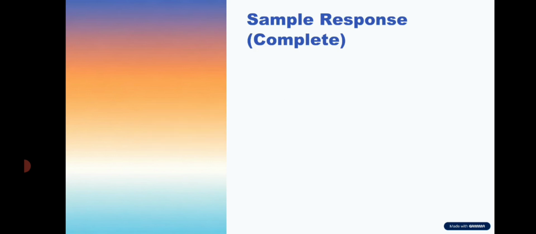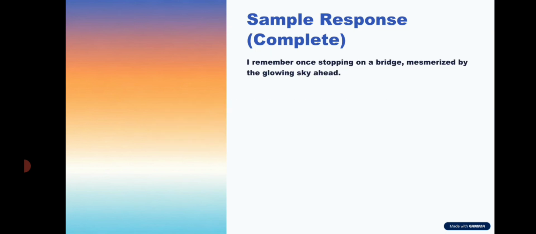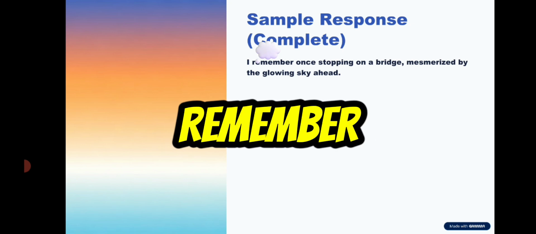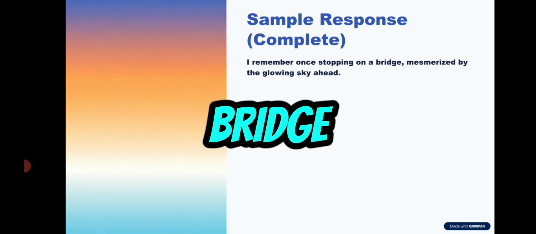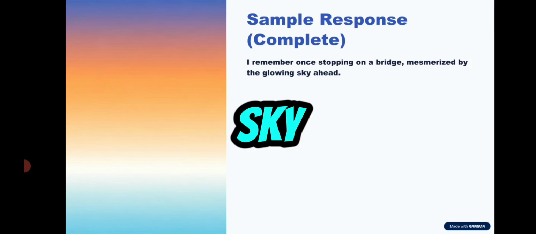Now let's look at the complete sample response. We are beginning with the introduction, down to the body and then to the conclusion. Let's start. I remember once stopping on a bridge, mesmerized by the glowing sky ahead.